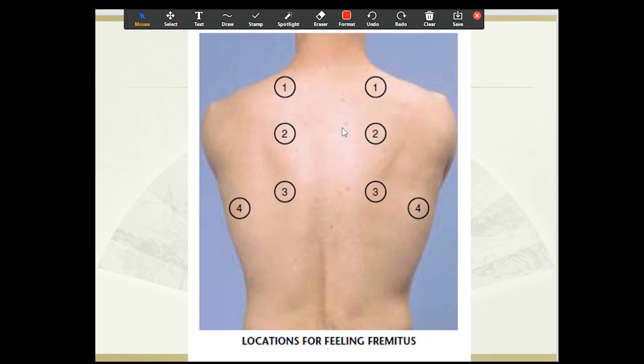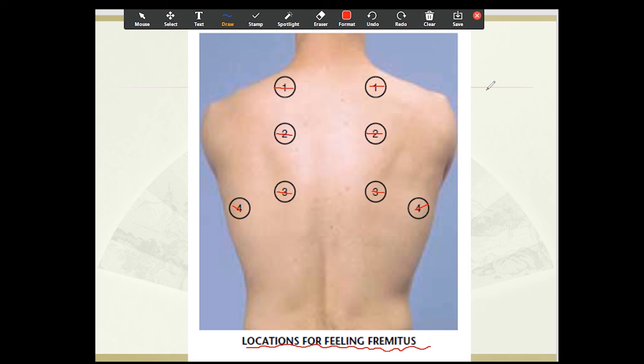So the picture here, we put the location at the same level, top of the upper back, and then we compare there, middle back compare, lower back compare, and the side of the chest compare. So that's the location for testing firmness, which compares the vibrations.